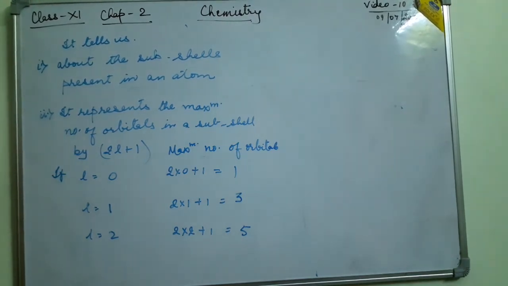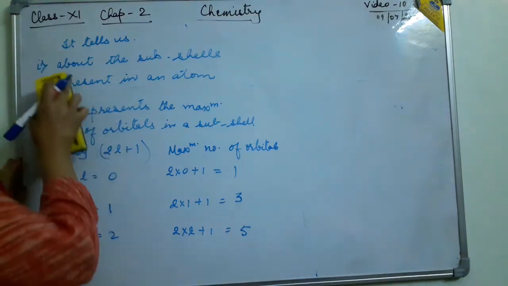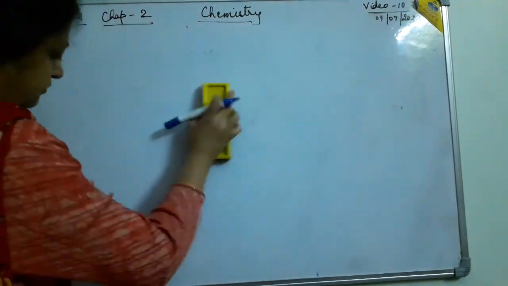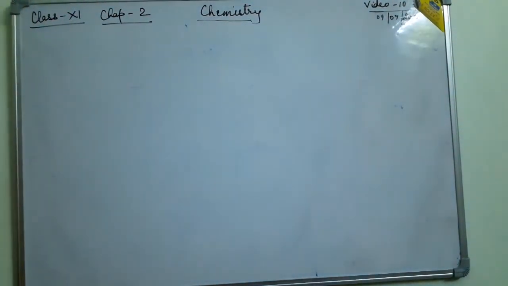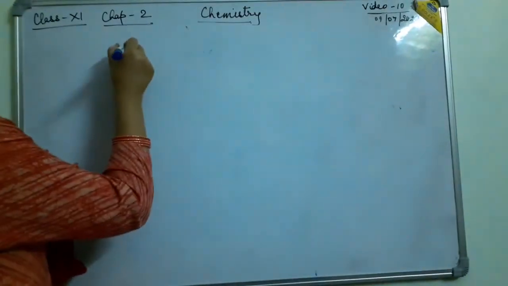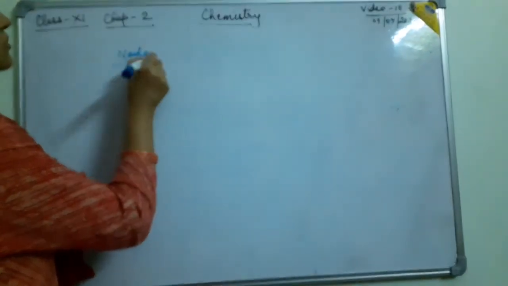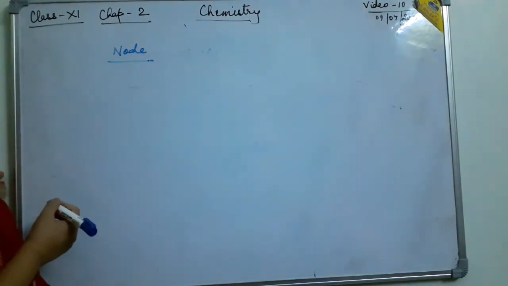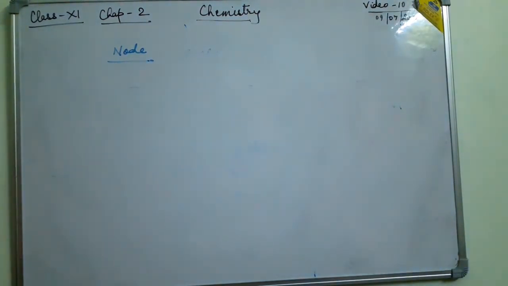Next, we can also calculate the number of nodes, where there is no probability of finding electrons, by n and l. First thing, what is a node? There are two types of node, radial node and angular node.